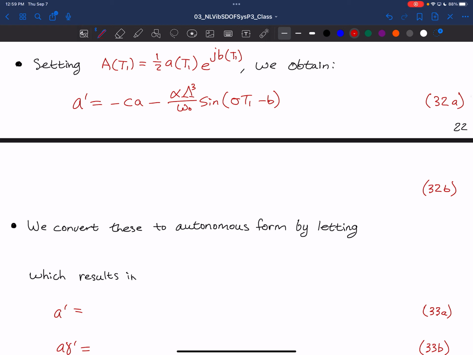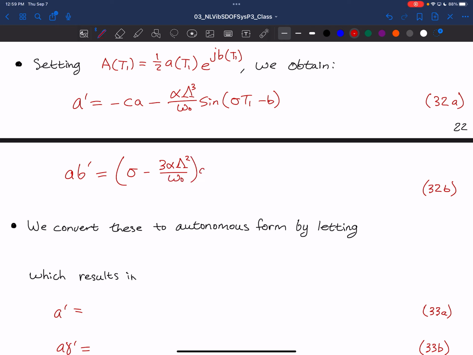And in the second equation, we'll end up with a times b prime is now equal to the quantity sigma minus 3 alpha lambda squared divided by omega 0.